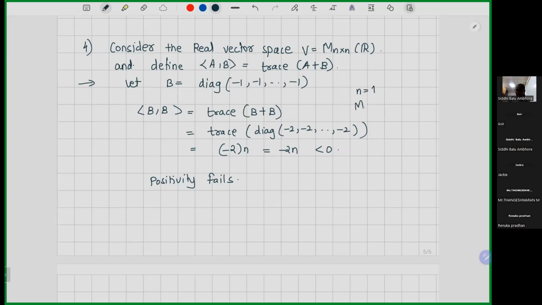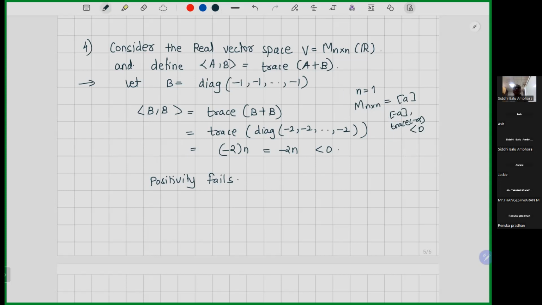Then n cross n is just one entry, and in that case the trace could be negative. If I take minus a, then the trace will be just minus a, which is less than 0. Yes, it satisfies.